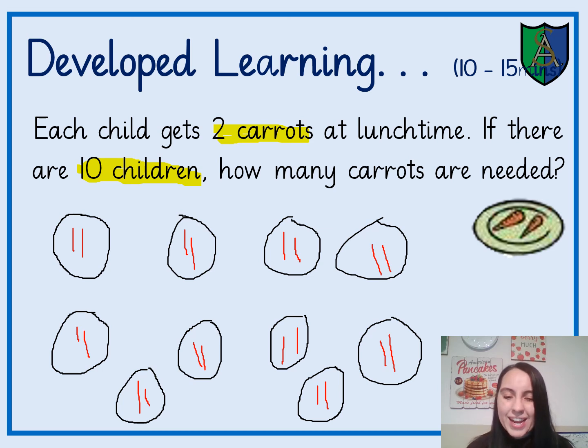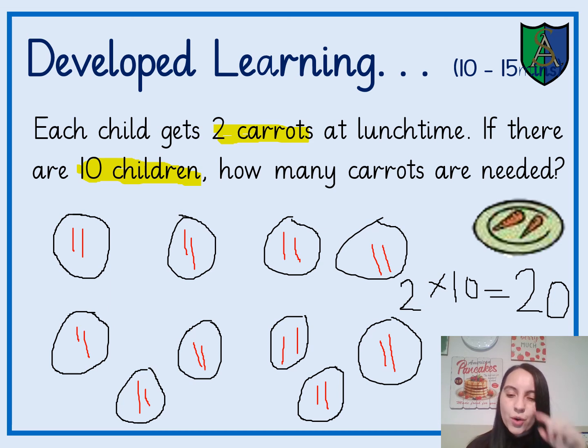So the answer is 20 carrots altogether because 2 times by 10 equals 20.